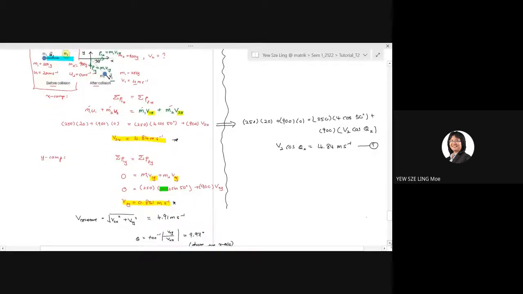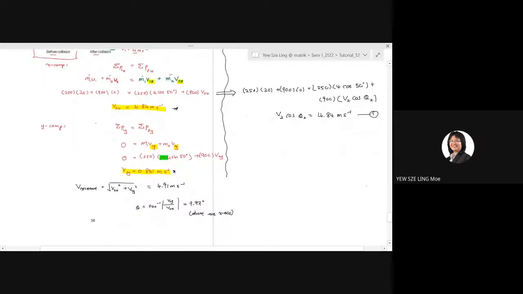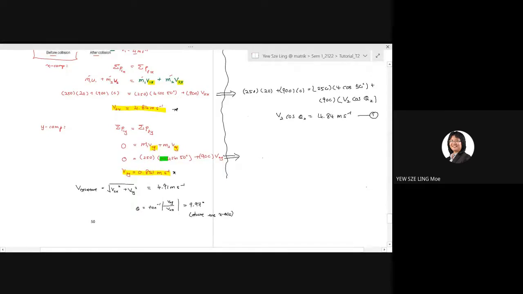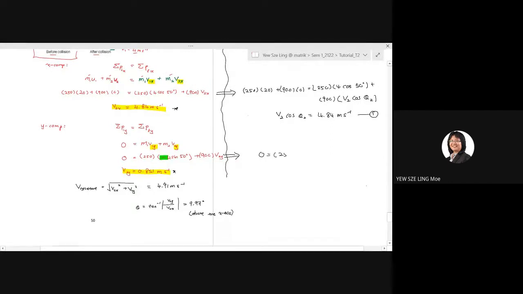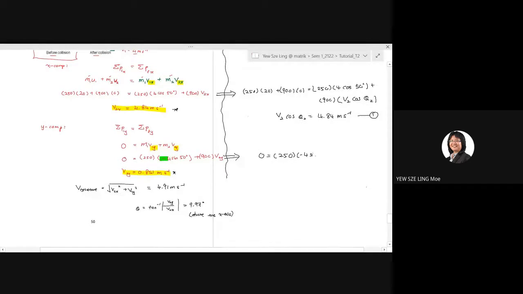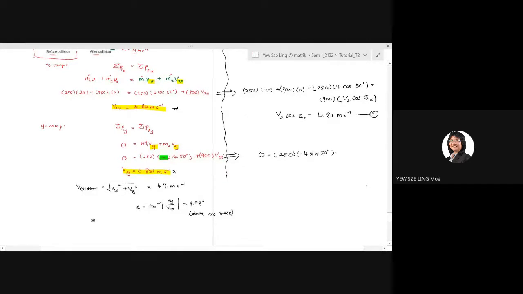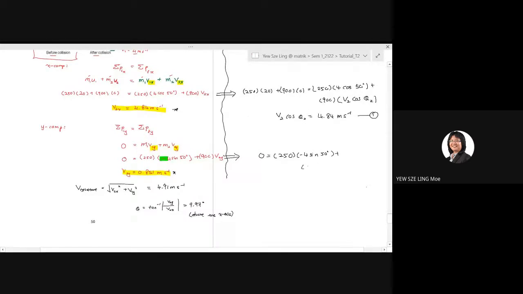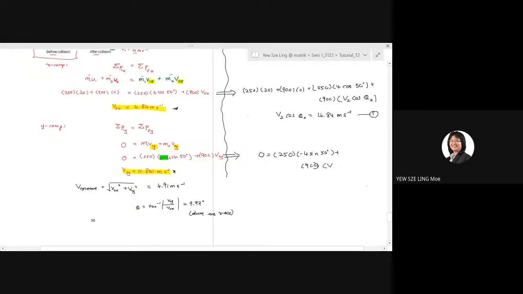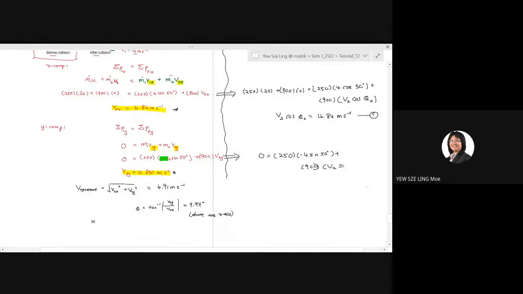And then what happened next? So when students did the calculations for the y component, they then write it as 0 equals to 250 negative 4 sine 50 degree plus 900 V2 sine theta 2.